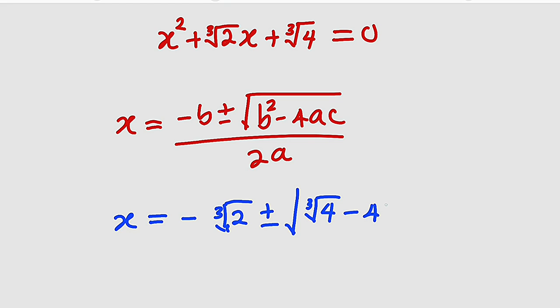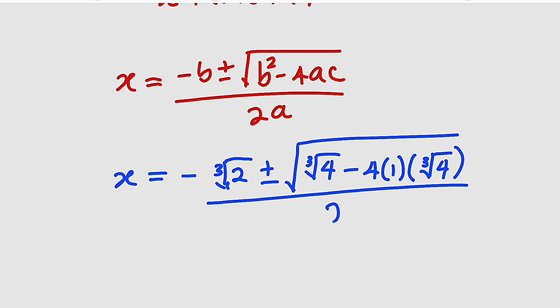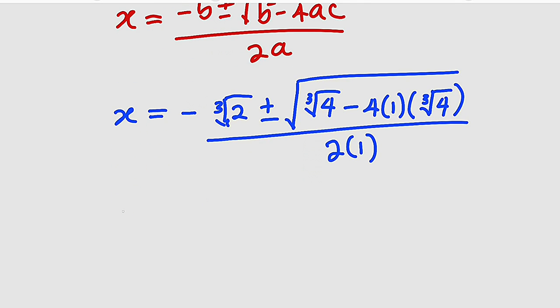minus 4 times a. What is a? A is 1. Then c is what? Cube root of 4. Divide by 2 times a, 2 times 1. X is equal to minus the cube root of 2 plus or minus square root of what?